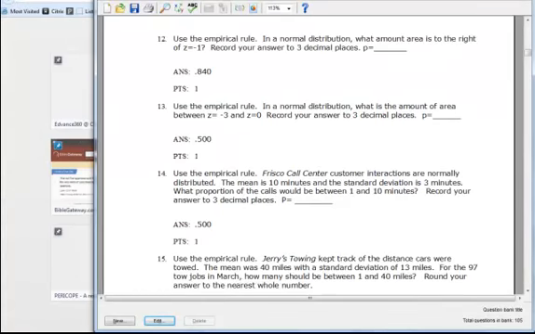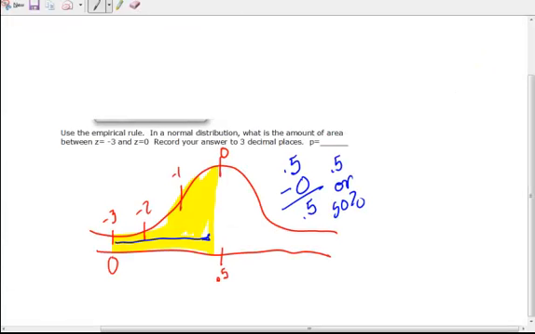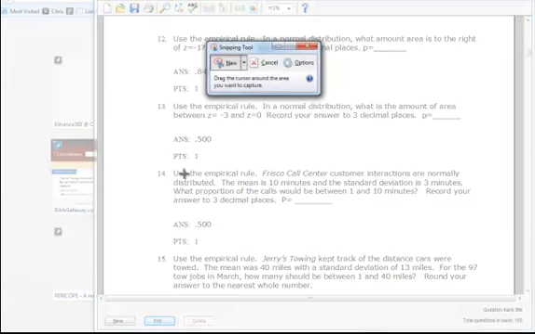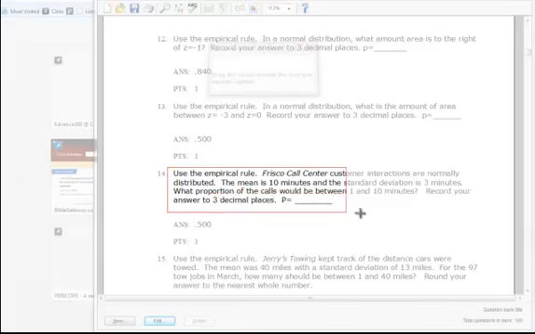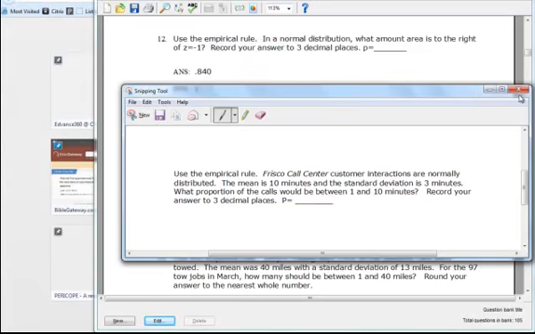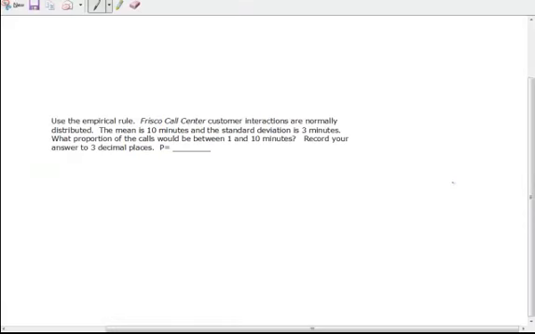This one is a little bit more complicated because we've got some things that are associated with some of the numbers. We can still draw our normal curve, but in this case, instead of using z's up at the top, we're going to use actual numbers. The mean is 10 minutes.